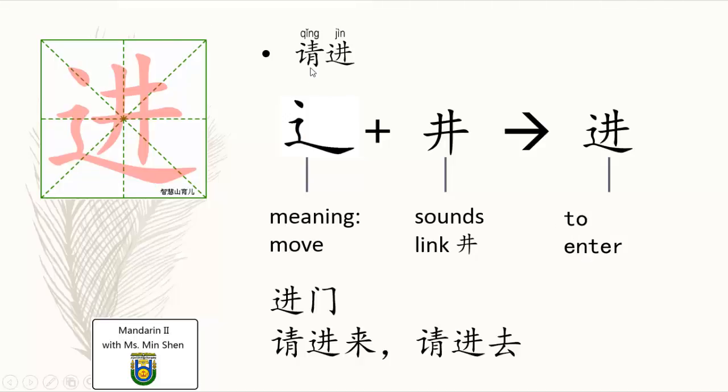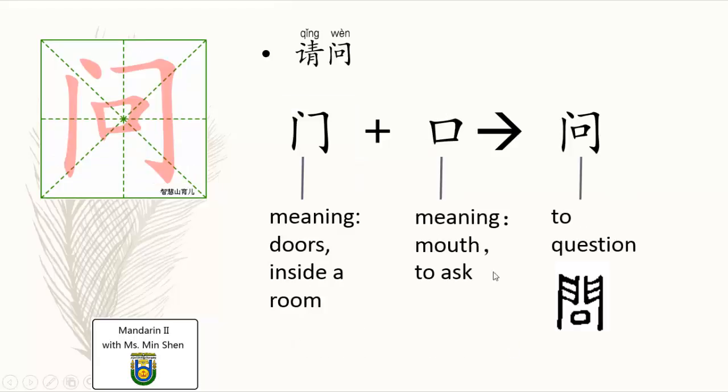And in our text we have this word 请进, please enter. 汉字, these characters, 请和我一起念. Right, please together with me. Let's read this. 进门，请进来，请进去。请问, right?